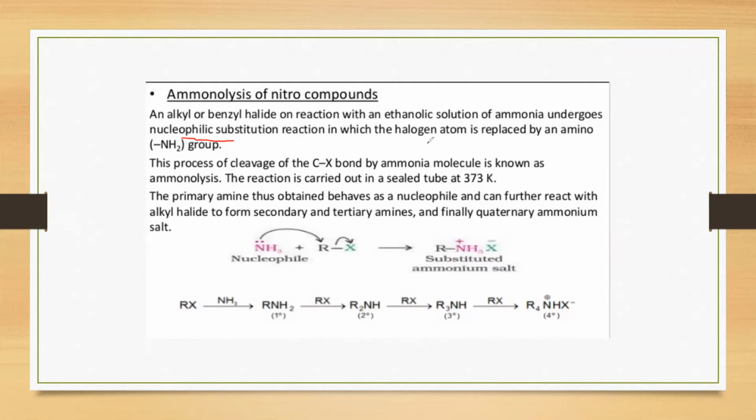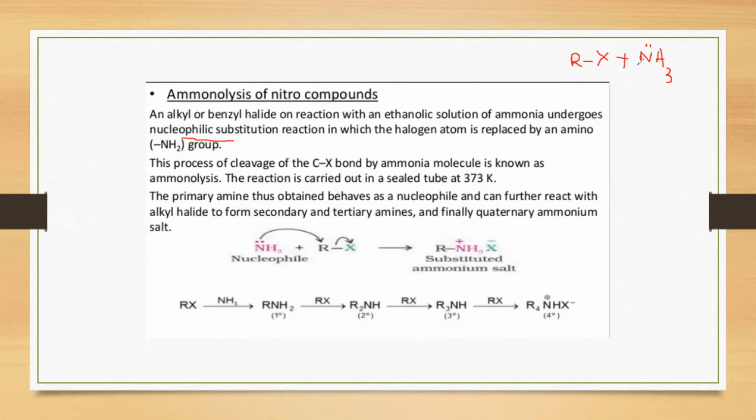So here, for example, if you take an alkyl halide, RX, plus NH3, what is happening here? The lone pair of electrons on this nitrogen makes ammonia a very good nucleophile, because it has excess, unused electrons, so it needs a positive charge. It is nucleus loving, positive charge loving.